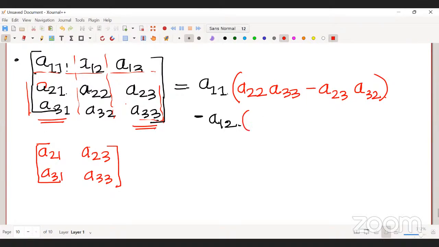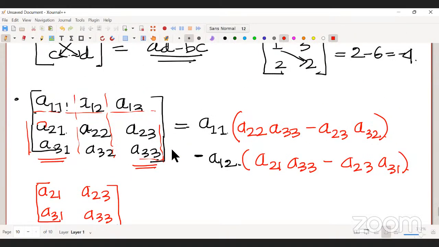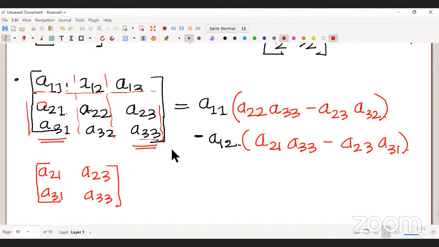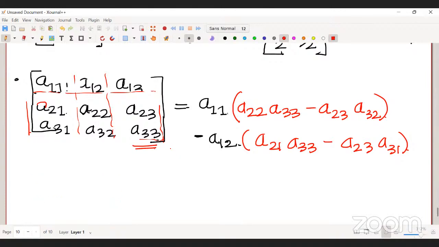The determinant of this matrix is a21 times a33 minus a23 times a31. Note that you should say a two-one, a two-three, and so on, rather than a twenty-one, since these are the i-j positions.